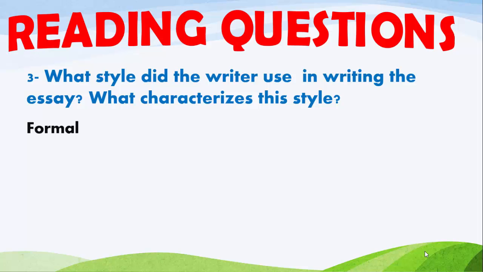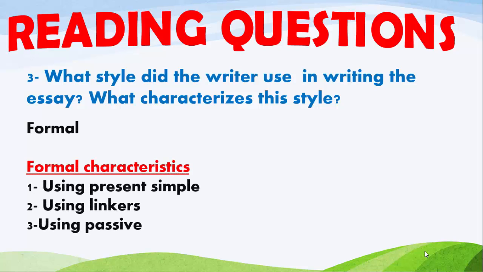The argumentative essay must be written in a formal style, and the features or characteristics of formal style are using the present simple. This is one of the features. Other features of the formal style are using linkers, or using the passive voice. So these are the most common characteristics of the formal style.